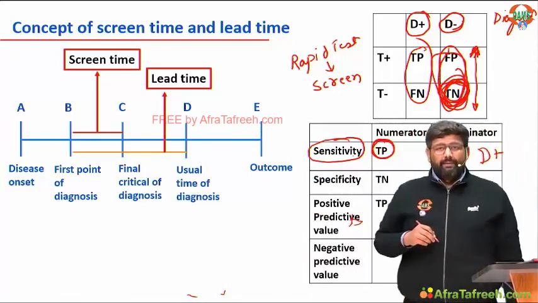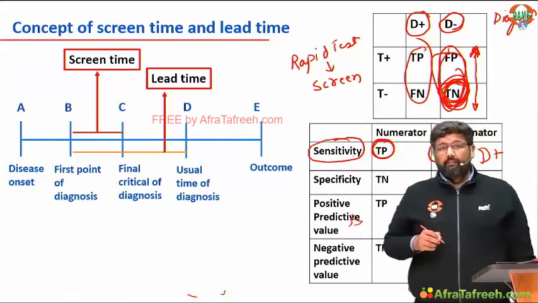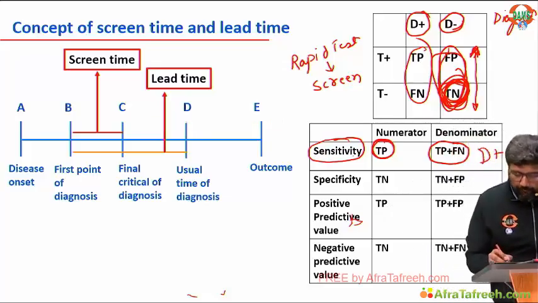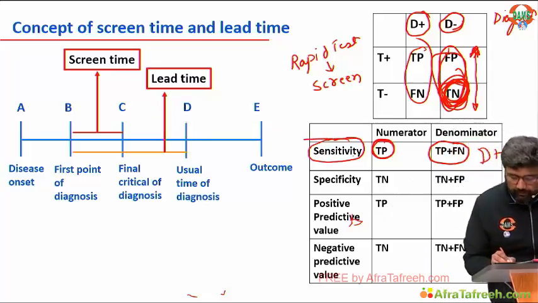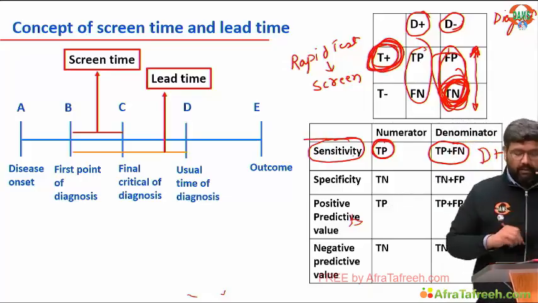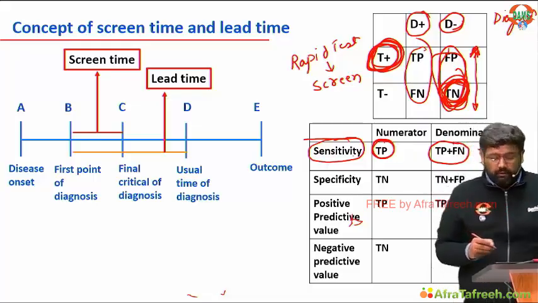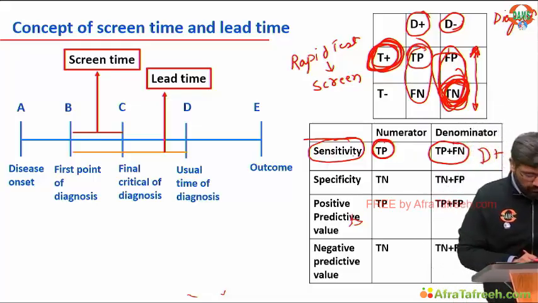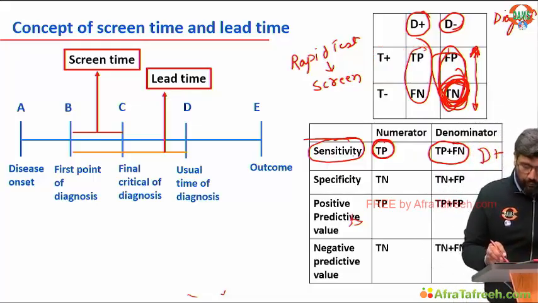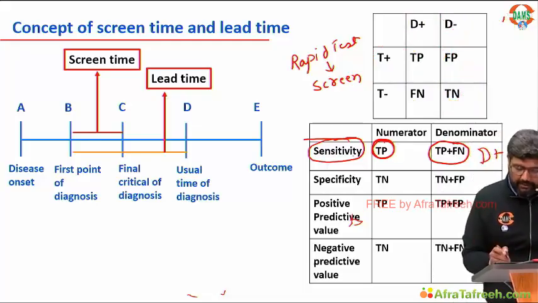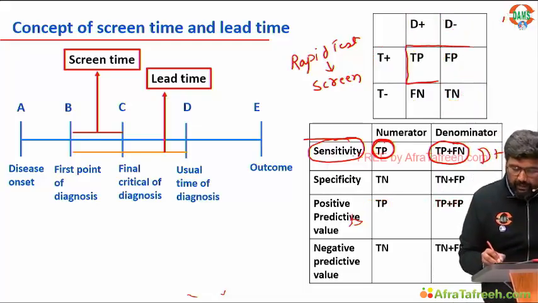What is positive predictive value? Out of total positive on the screening test, how many are true positive?